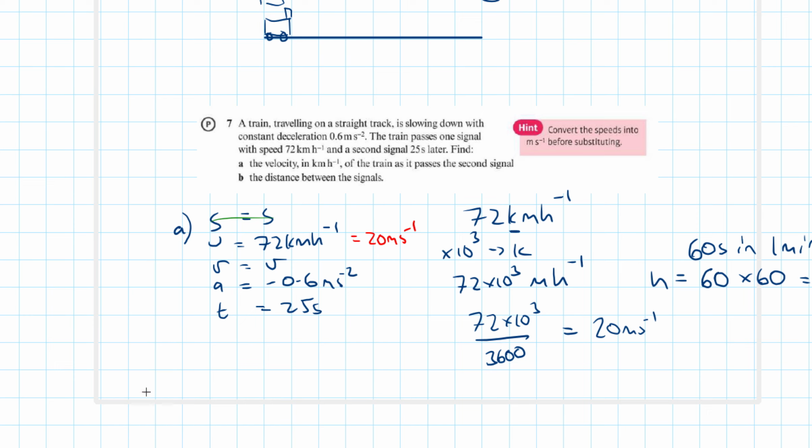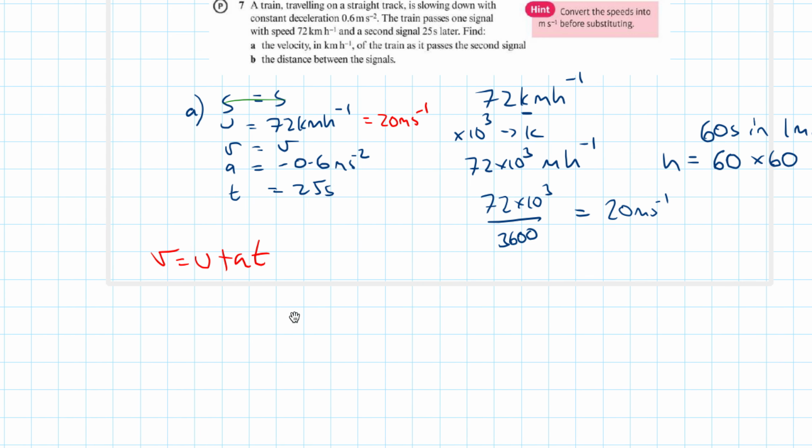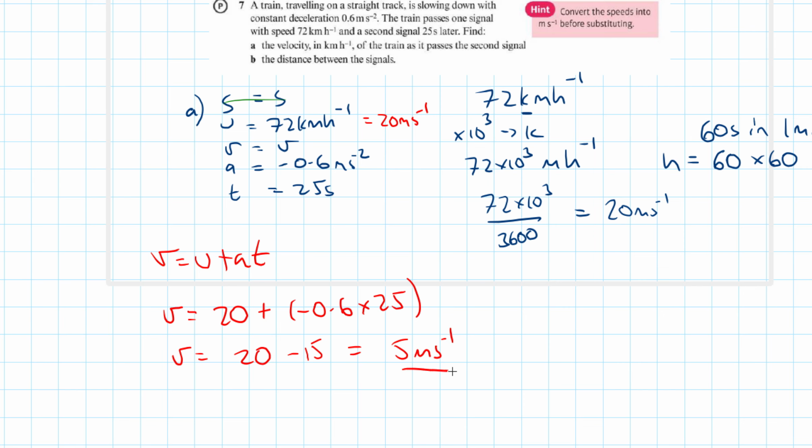V is equal to 20 meters per second plus minus 0.6 times 25. Plugging this into the calculator, 20 minus 0.6 times 25 is minus 15. Therefore our final velocity is 5 meters per second.